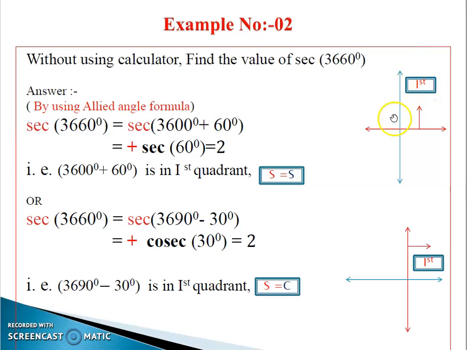In first quadrant, all trigonometric ratios are positive, means sec is positive above the x-axis, hence sec is replaced by sec. We get sec of 3600 plus 60 is equal to plus sec of 60 degree, and we know that the value of sec 60 degree is equal to 2.